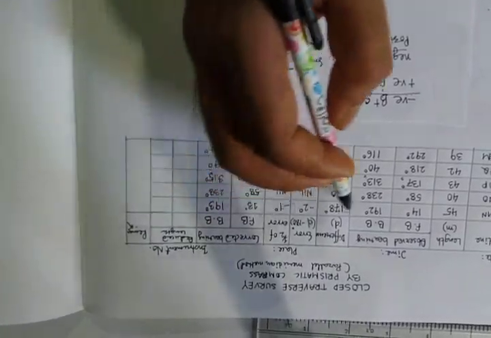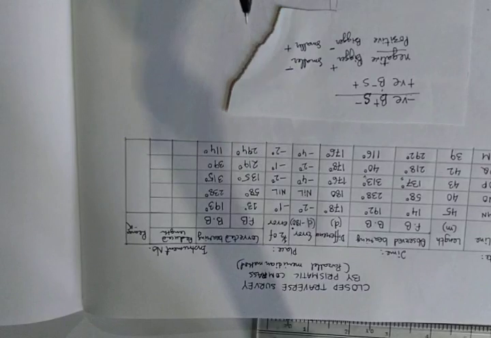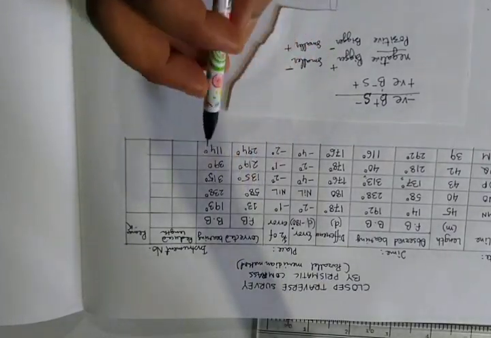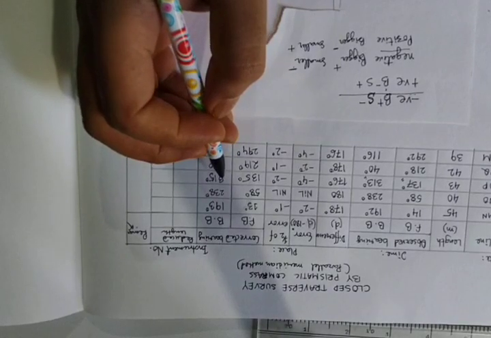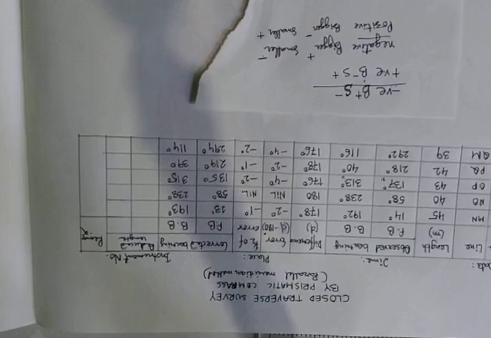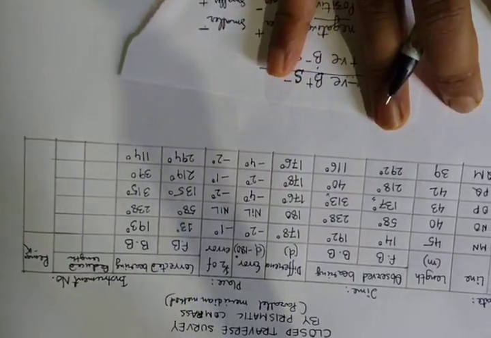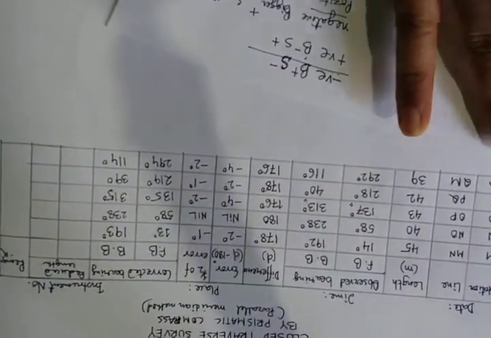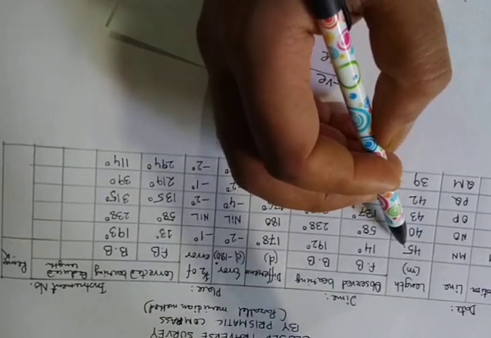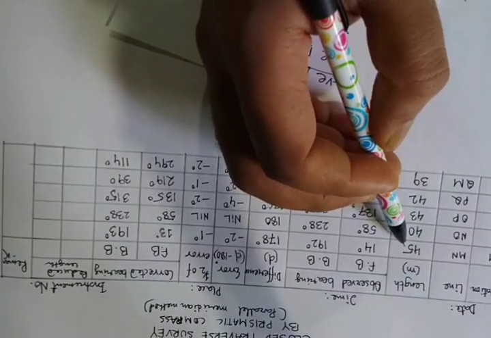Now we will draw these values on paper. I am showing you how to draw these values. Before drawing, first we should take a suitable scale. On the basis of the length, you can see here the lengths are 45 meters.